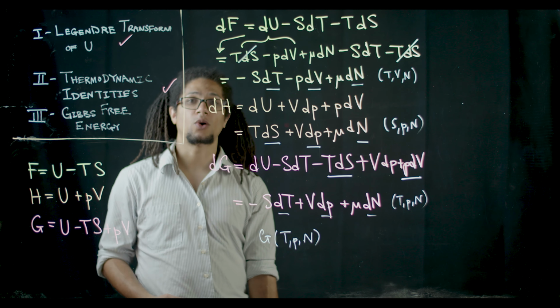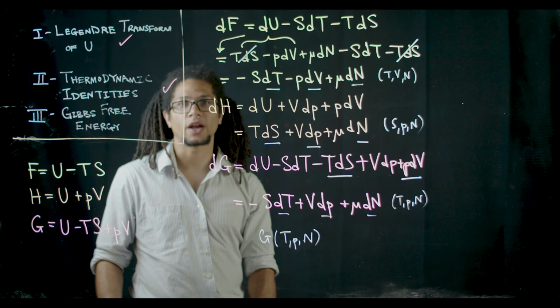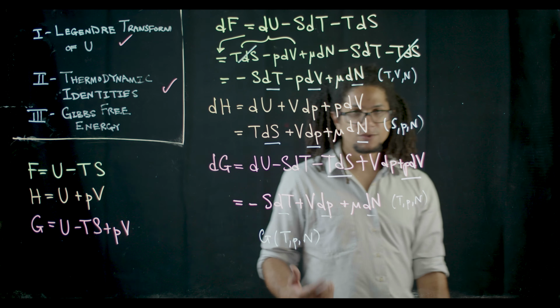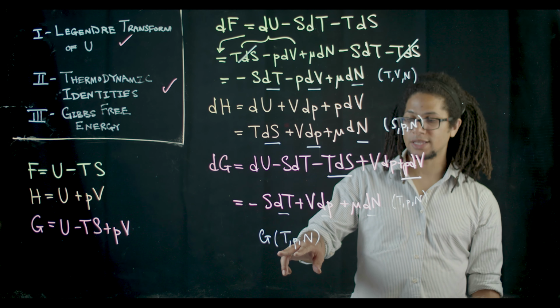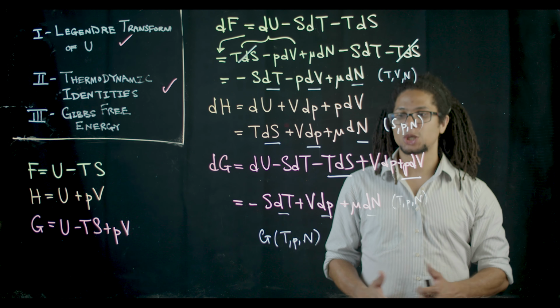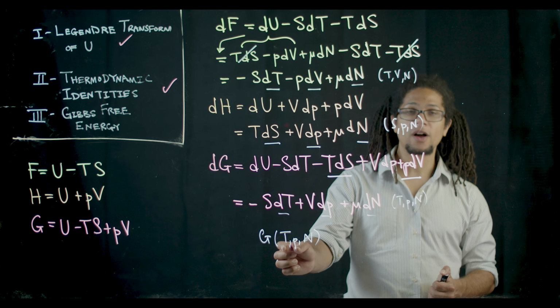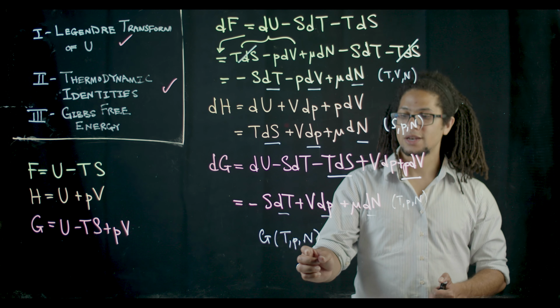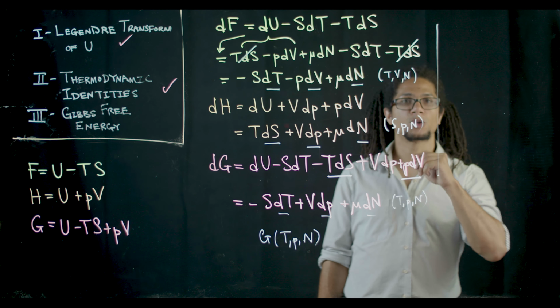And so G must also be extensive. In fact, all of the thermodynamic free energies are extensive. But if G is going to be extensive, and it's a function of two intensive variables and one extensive variable, then we've already shown that the only way for this to be true is if it is some function of these variables times N. So let me establish a new column here and we'll show that.